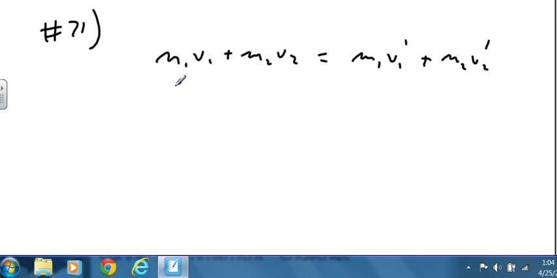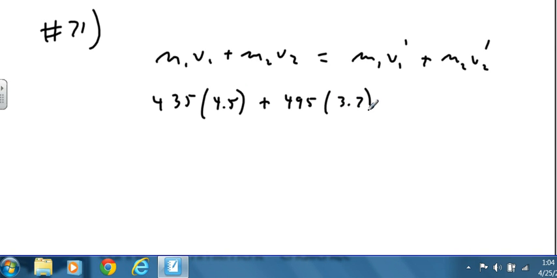So that being the case, I got 435 times 4.5 plus 495 times 3.7 has to equal 435 times, I don't know, velocity A prime plus 495 velocity B prime. And then, so that's my momentum that has to be conserved.